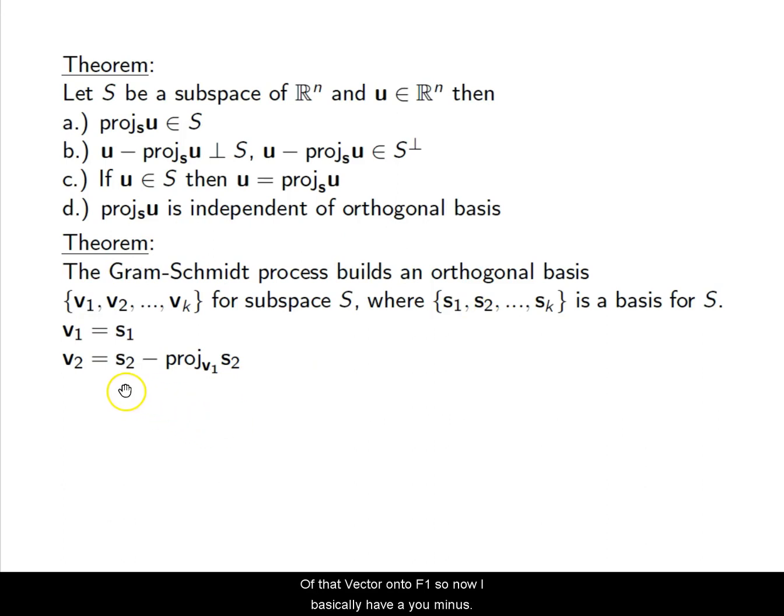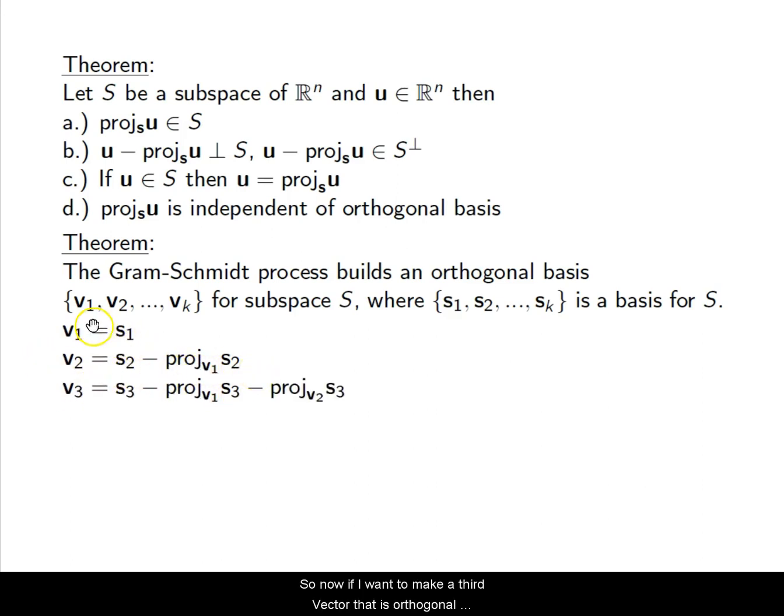So now I basically have U minus the projection of S2 onto an orthogonal vector. I'm using this projection theory to build a bunch of vectors that are orthogonal to each other. So this would be like W1 and this would be like W2.